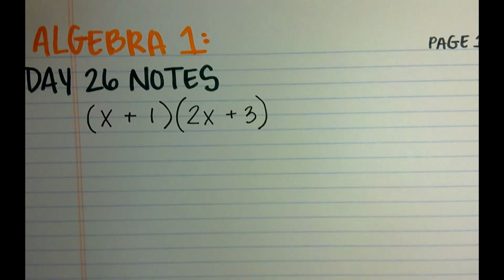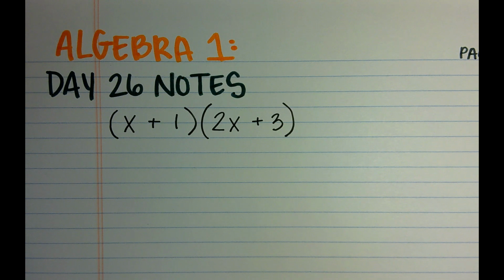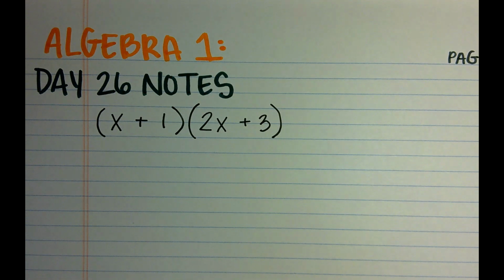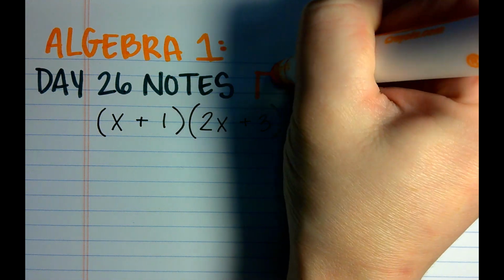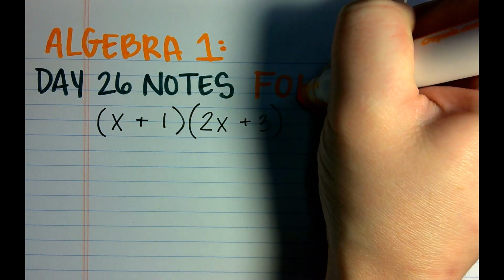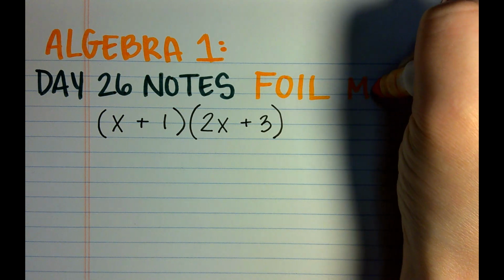So I'm going to teach you a method today, two different methods, that's going to make this a little bit easier than it might look. So I'm going to write here at the top of my page, FOIL, FOIL method.